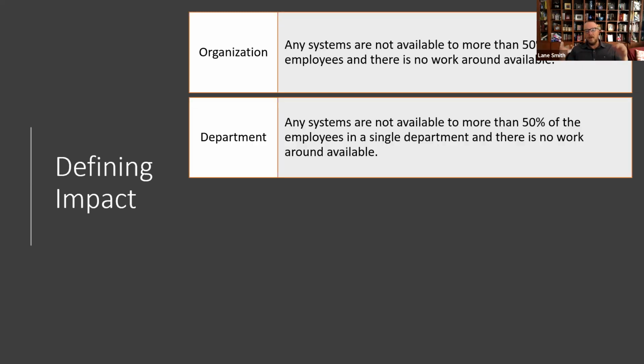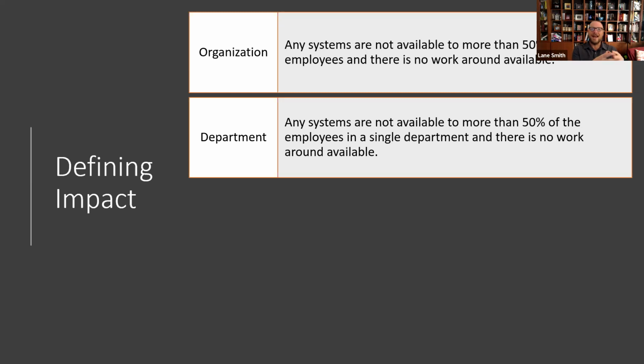However, if the switch that supports, whatever, the East Wing that houses your HR department is dead, is that organization-wide? No, it's not affecting everybody. It's a little bit less impactful to the organization.